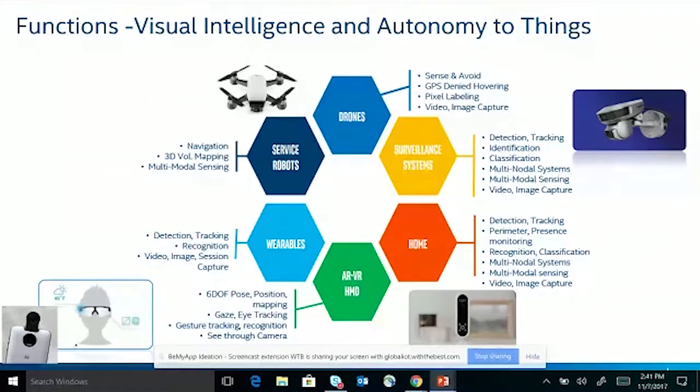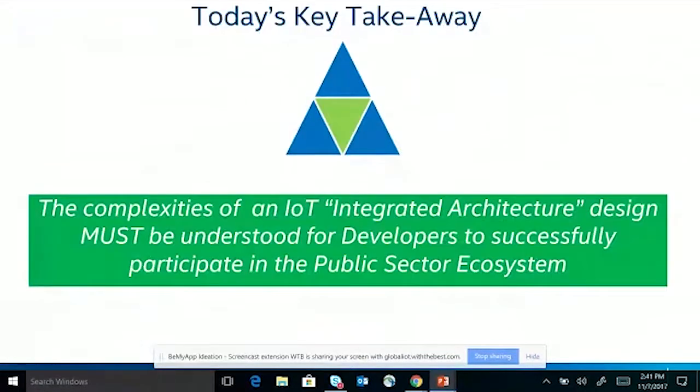So I want to leave you today with one key takeaway. The complexities of an IoT integrated architecture design really need to be understood by the development community to successfully participate in the public sector ecosystem.